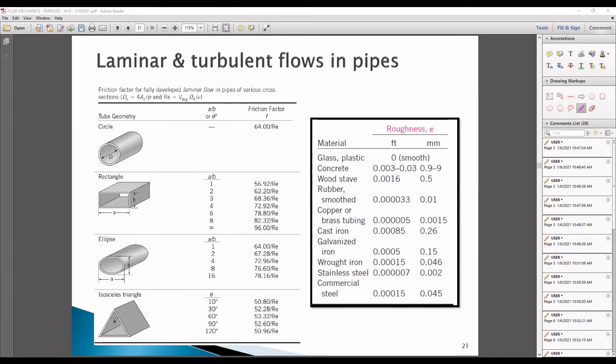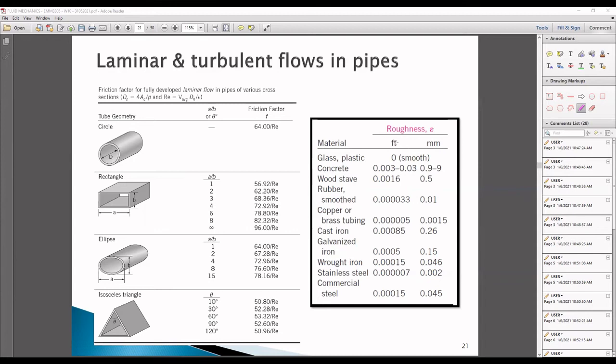So for example, glass is very smooth, so the roughness is 0. For concrete, it is 0.003 up to 0.3, if you measure it in feet. If you're measuring it in millimeters, then those are your values.